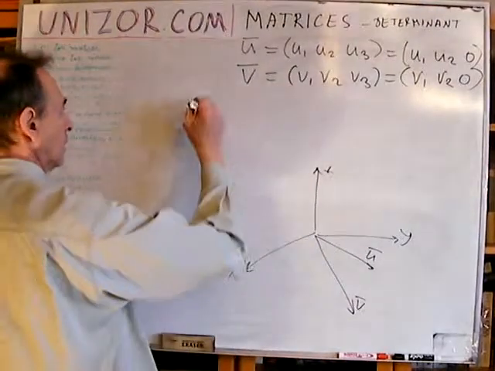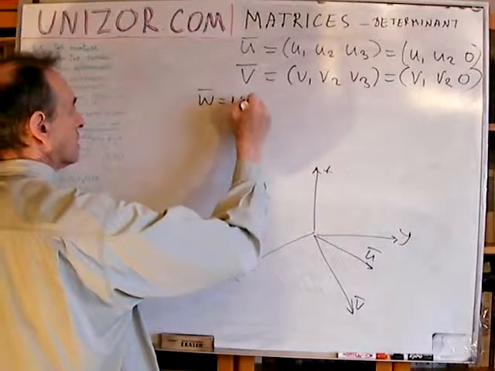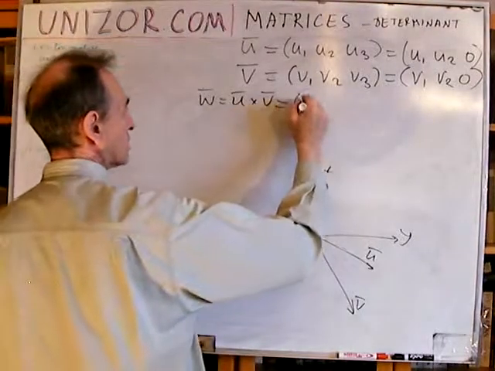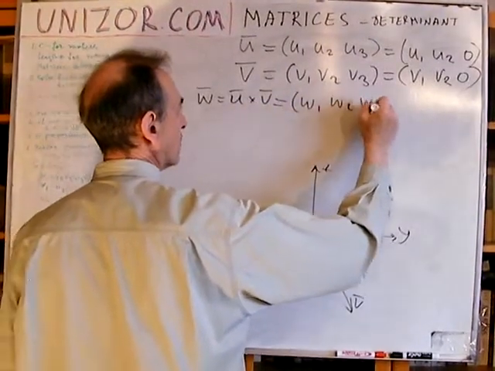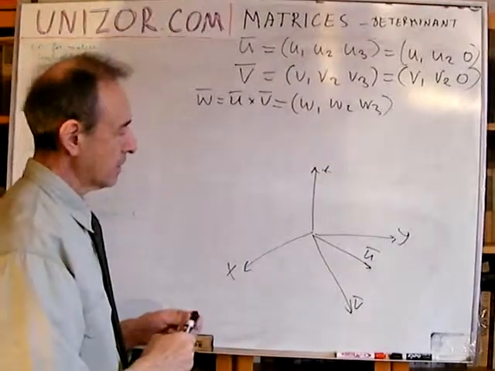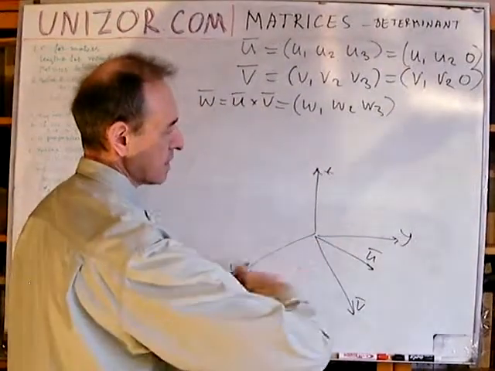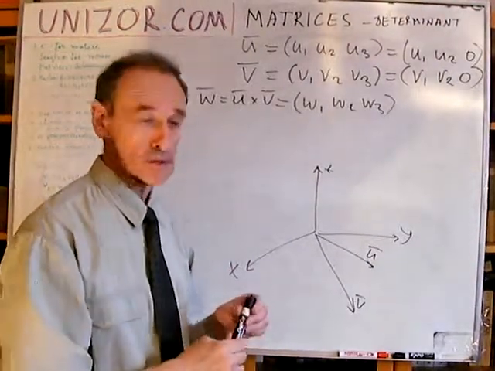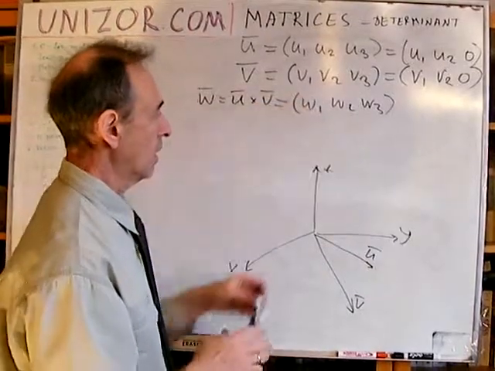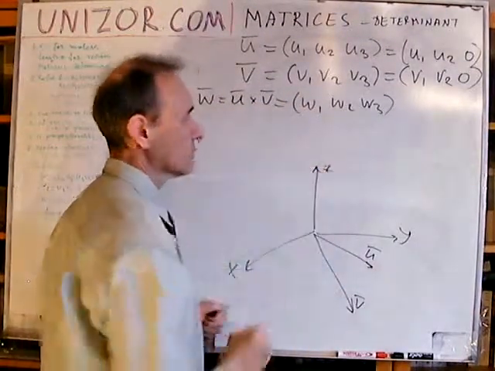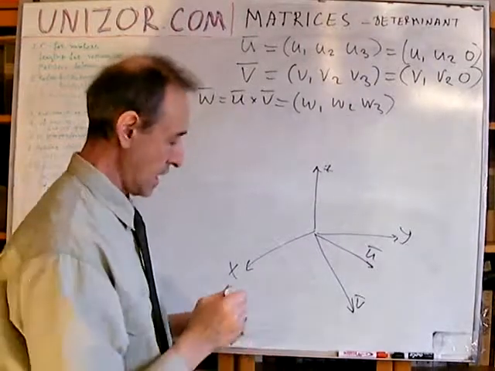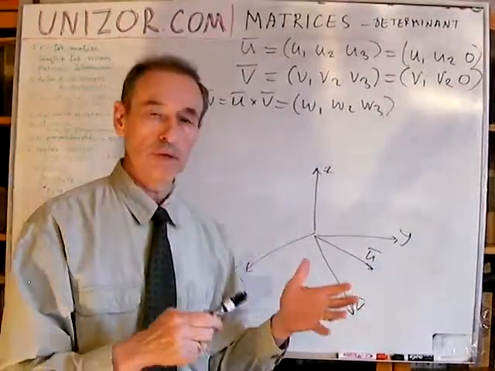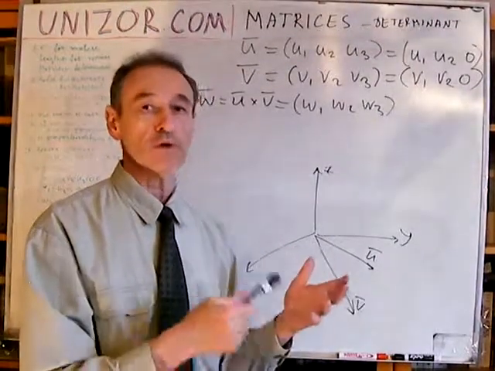Now, if w is their cross product, vector product, then it has coordinates w1, w2, w3. Let's think about it. Both vectors are within this horizontal plane, and we know that the vector product is perpendicular to both, which means the vector product should go upwards along the z-axis. In any case, we have basically derived the general formula.